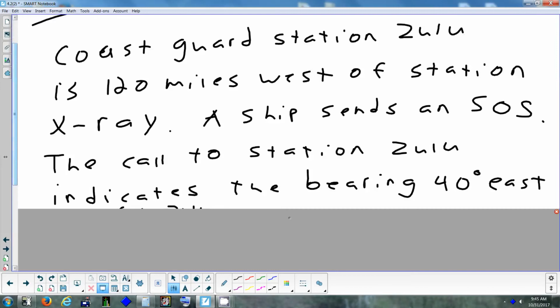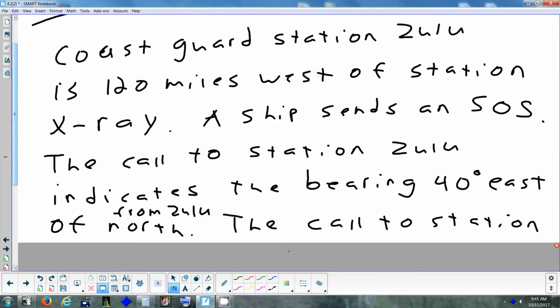All they know is it's a straight line in one direction, but they don't know how far away. Okay, the way we're going to describe the direction it's coming in at, and I'll draw this if you're not familiar with it, but it's coming in east of north. 40 degrees to the east of north.